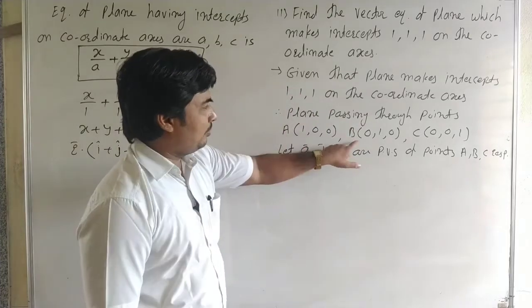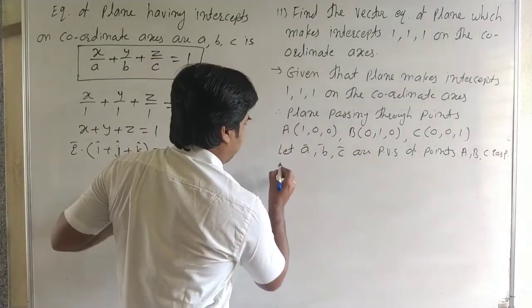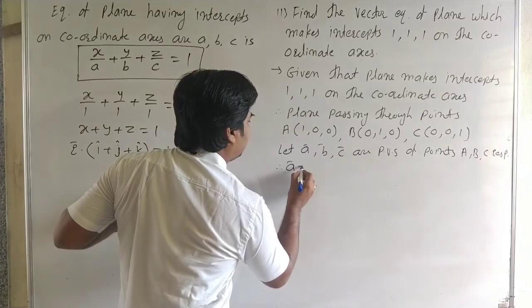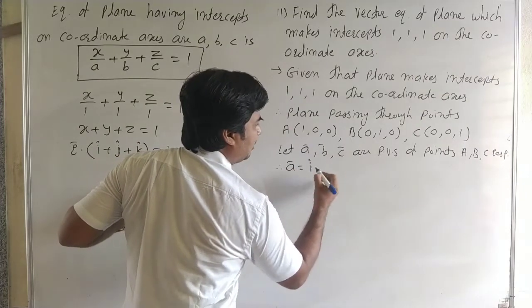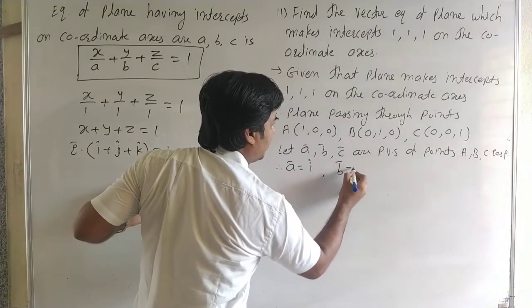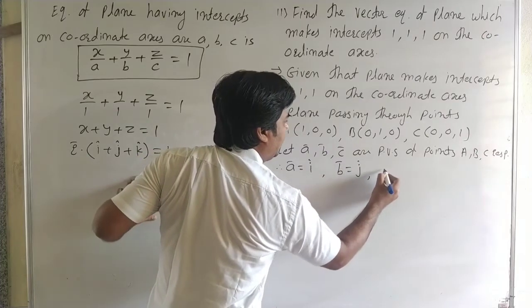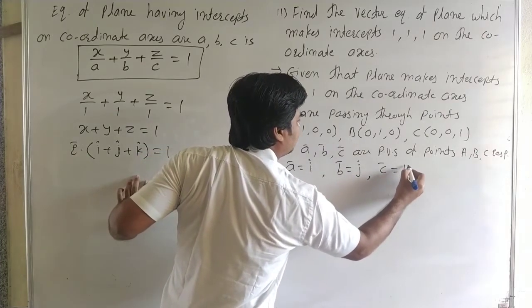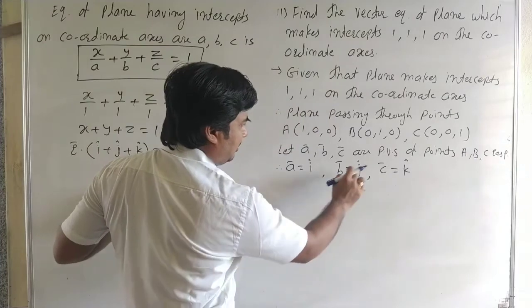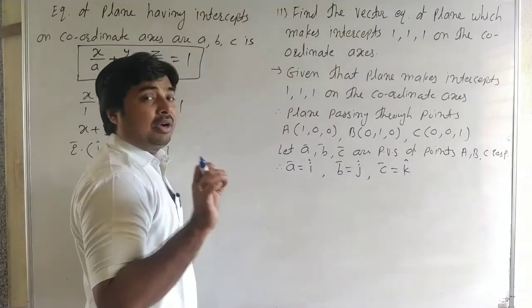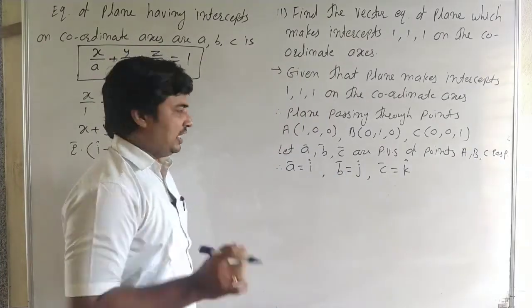Here A bar, B bar and C bar, we can write A bar is equal to I cap, B bar is equal to J cap and C bar is equal to K cap. Now first we find AB cross AC.